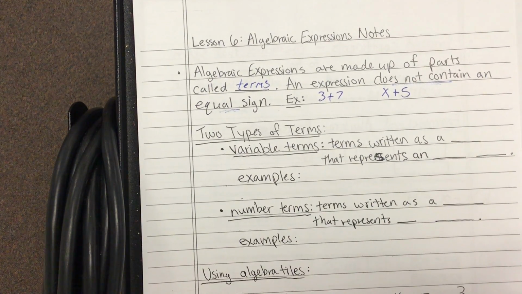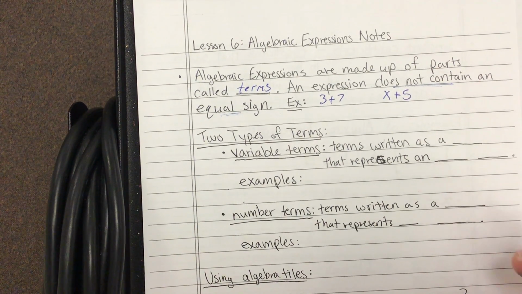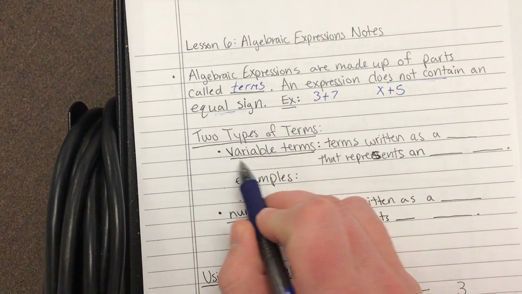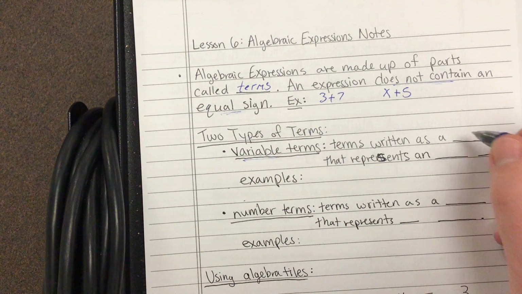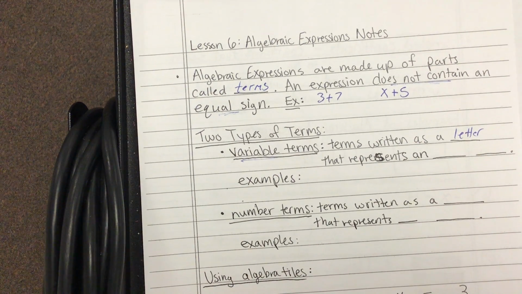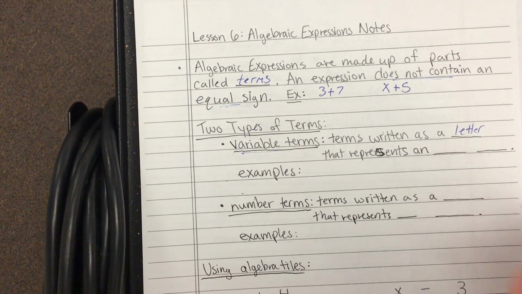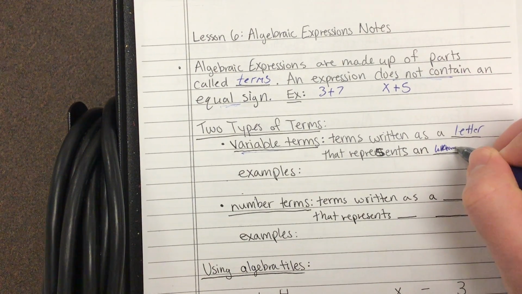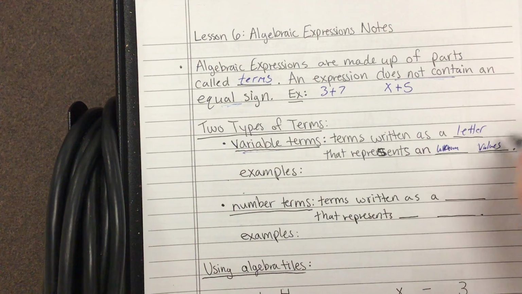The 2 types of terms, we have variable terms, which are terms written as a, anybody know? What's a variable? It's a letter. And they represent unknown values, right? What we don't know. That's what variables represent.